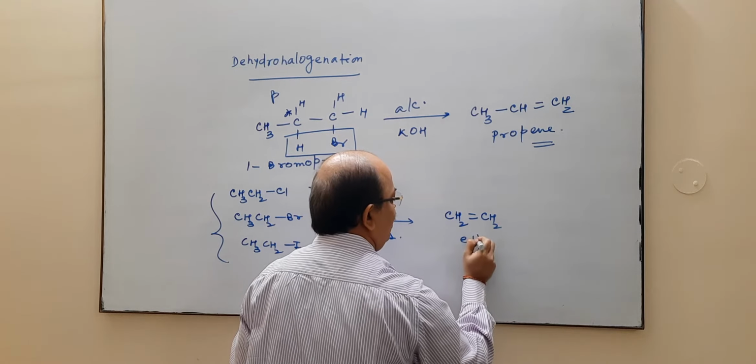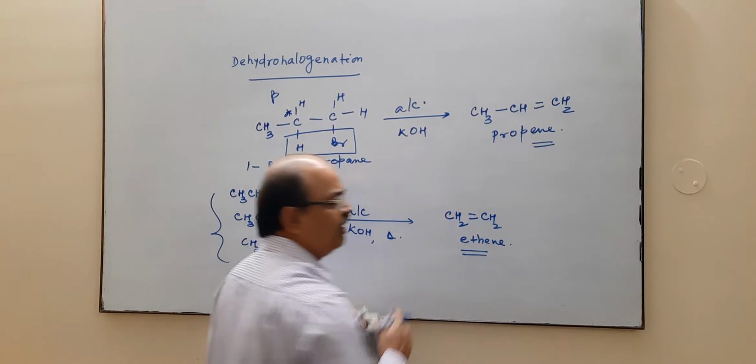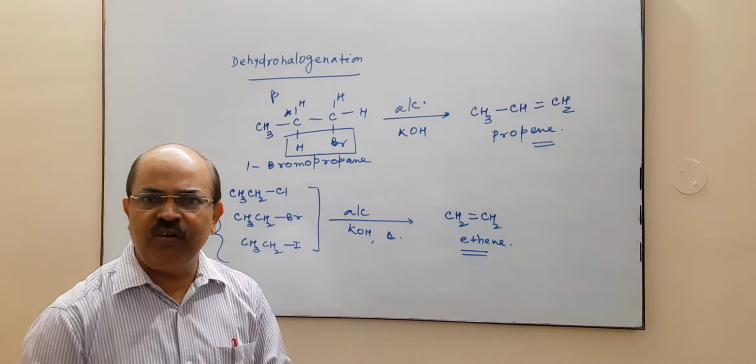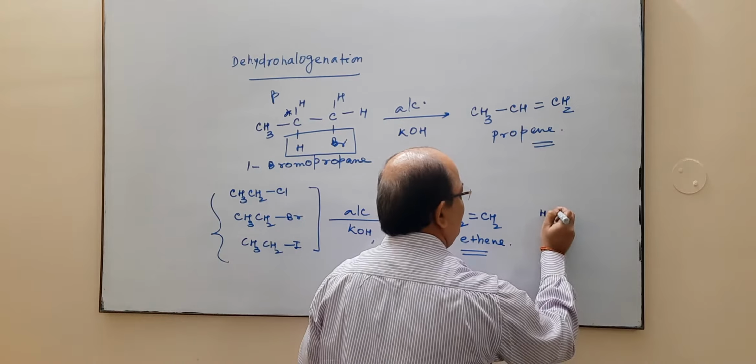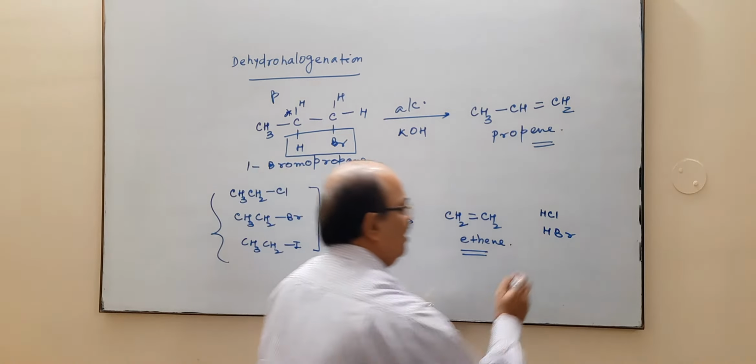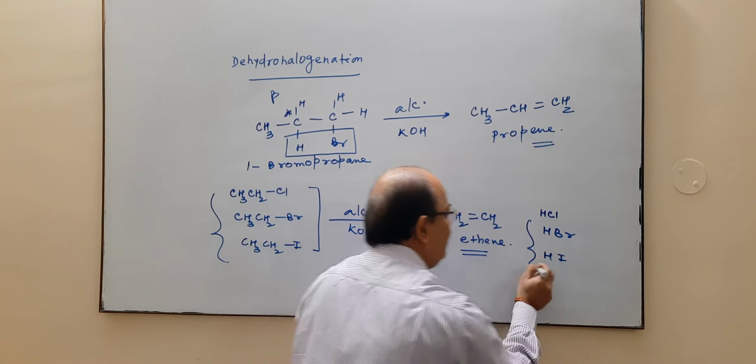No doubt, the product is ethene along with HCl if ethyl chloride, HBr if ethyl bromide, and HI if ethyl iodide.